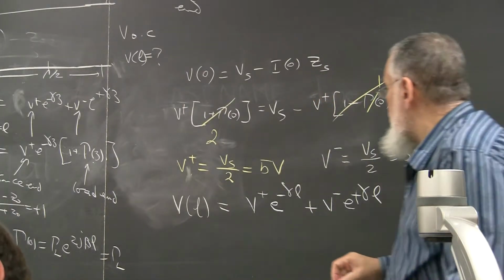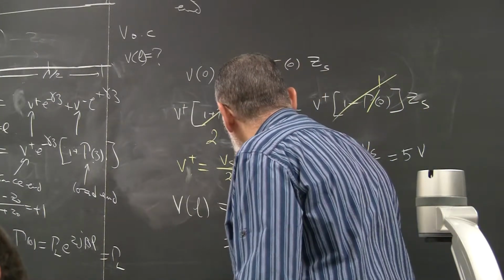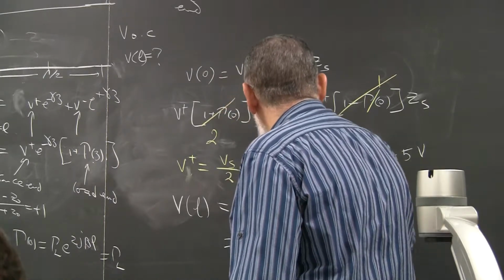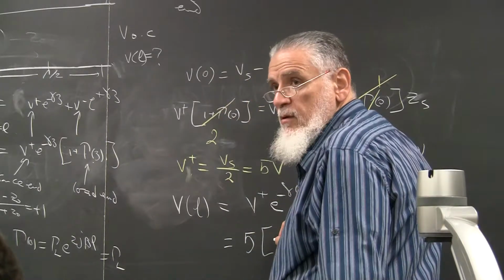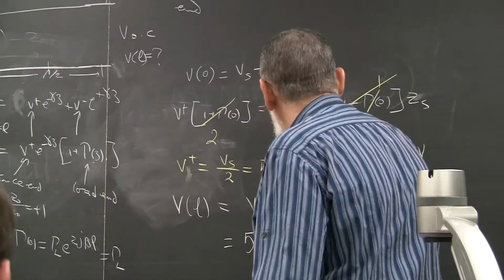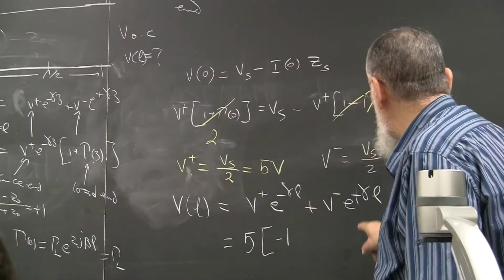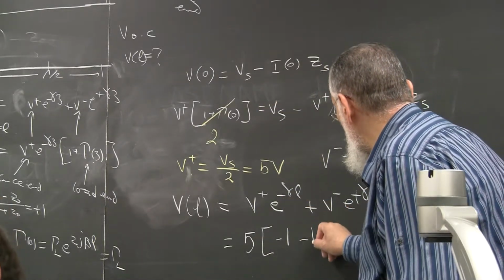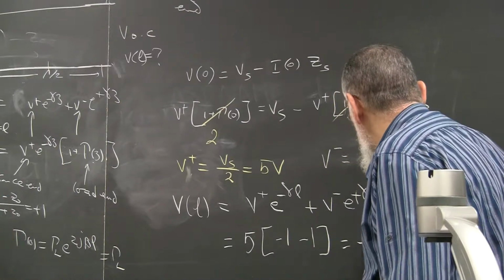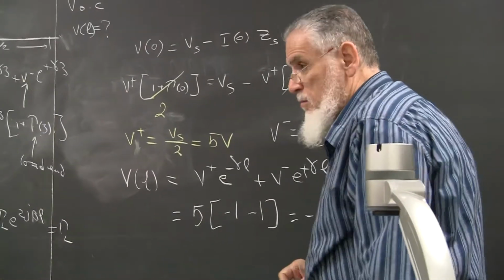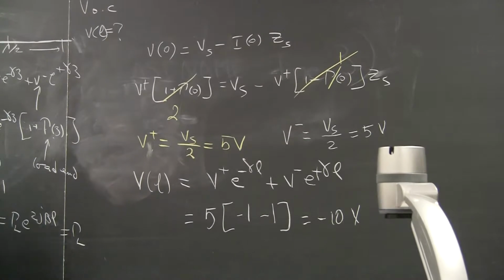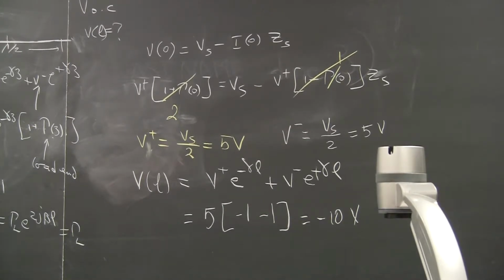So it's equal to 5 times e to the minus j beta L, which is what? Minus 1, right? Because you have a lambda by 2, and this one here is another lambda by 2. Get minus 10. Right? So that is how you get your V open circuit at the load.